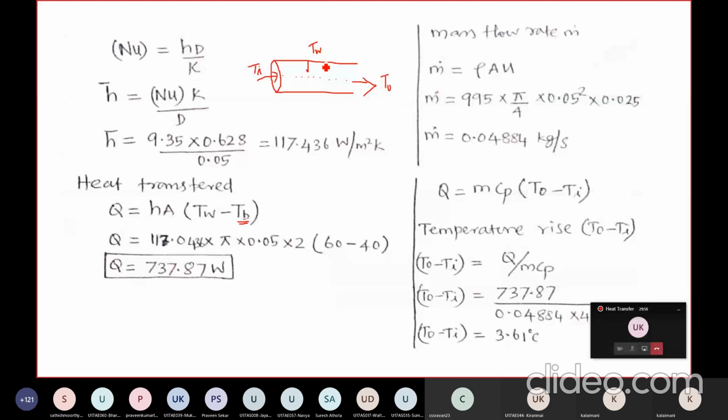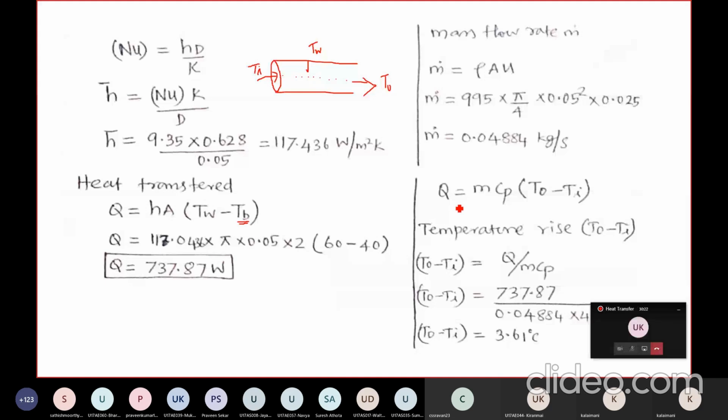How much heat is lost from the pipe surface goes to heat gained by the fluid. This T naught minus Ti is called the temperature rise. From this relation, I find Q is equal to 737.87.